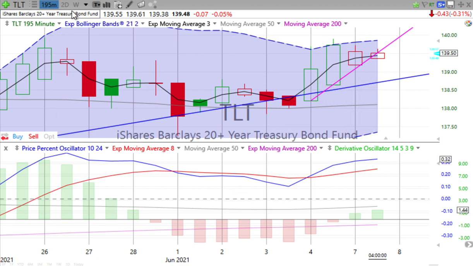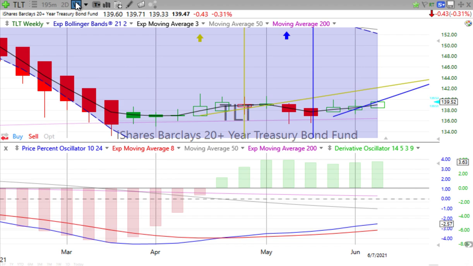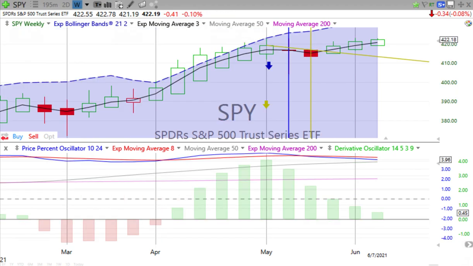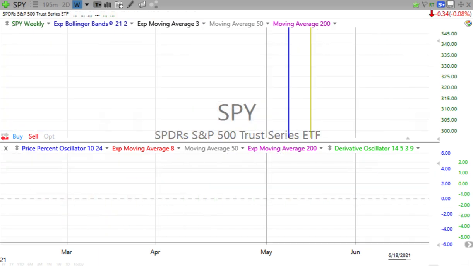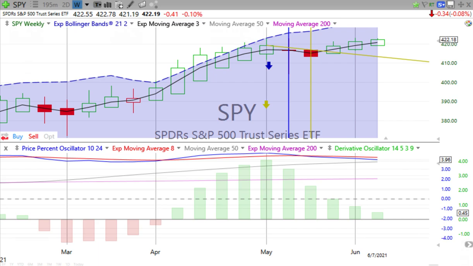You notice how bonds, and this is important to pay attention to, how bonds are staying positive, okay? And look at what's happening on the weekly chart with stocks. They're staying negative. Isn't that interesting? Even though bonds have struggled to stay positive and stocks have continued to invariably try to move up.